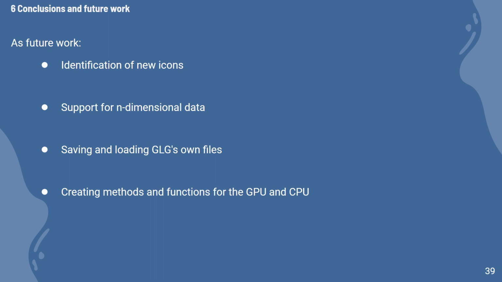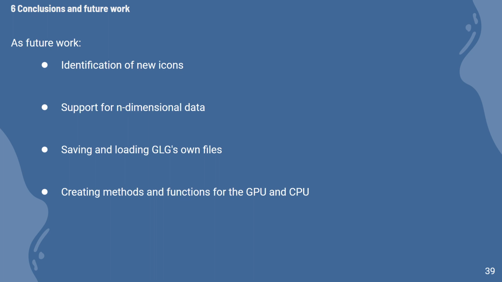Identification of new icons: adding icons that can further facilitate programming on graphic cards. Support for n-dimensional data: being able to handle n-dimensional data in communication variables. This will enable programmers to work with more complex datasets.